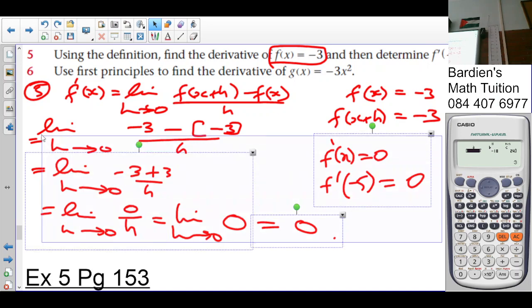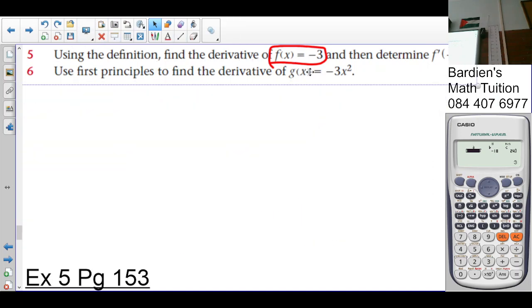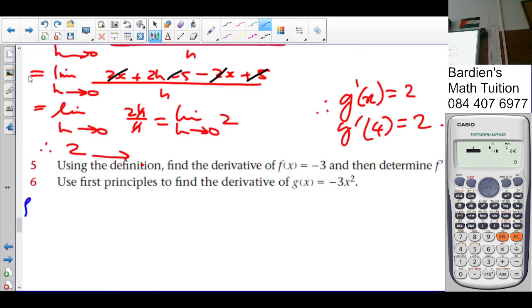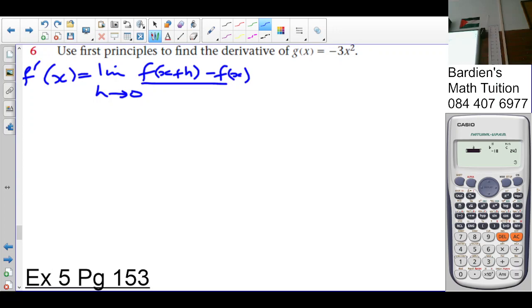You'll still get a lot of those there. But as we're going along, we're now building our understanding of derivatives. Use first principles to find the derivative. First principles again. f prime x equals the limit as h approaches 0 of f of x plus h minus f of x whole over h.